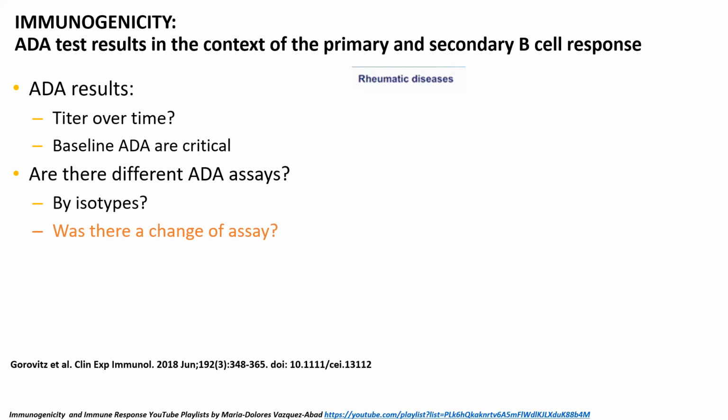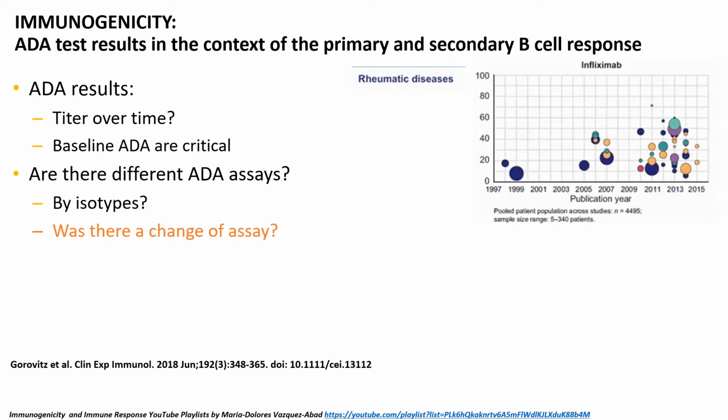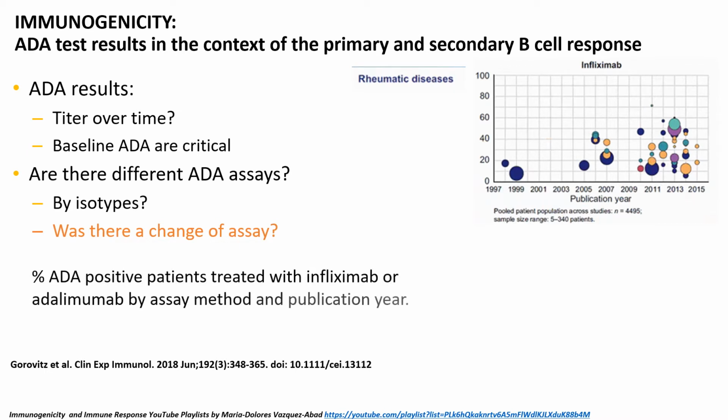He looked at several conditions of rheumatic diseases and patients that were treated with different drugs. For instance, in this case, we're going to talk about infliximab or adalimumab. What his group is presenting on the y-axis is percent of antidrug antibody positive patients, and this is from many different publications.